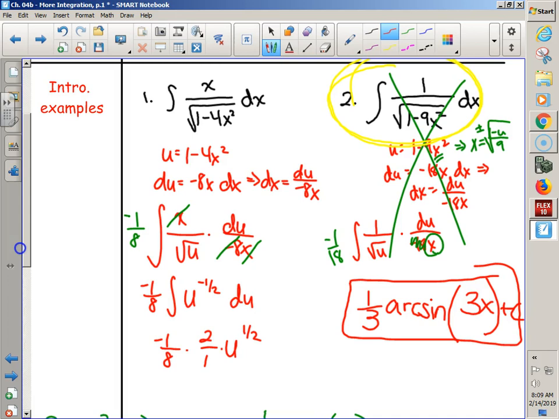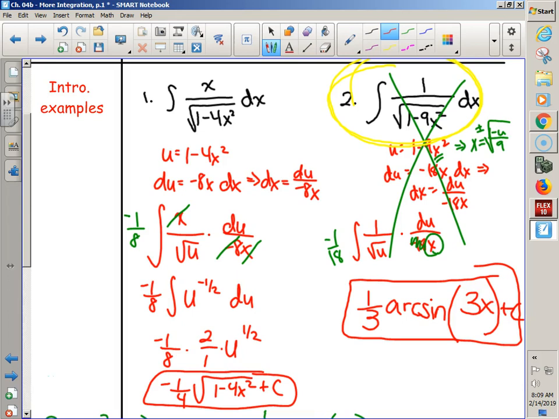Anyway, isn't this negative 1/4? How similar are the integrands? What are integrands? Right? How similar? Very. How similar are the answers?